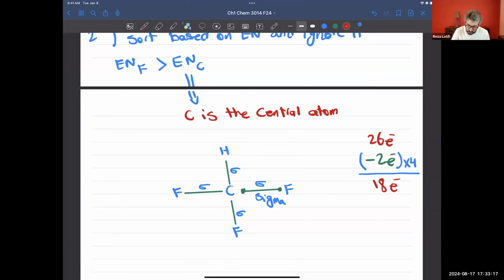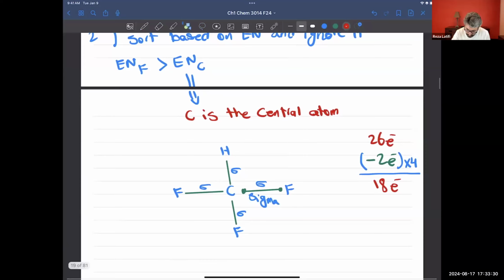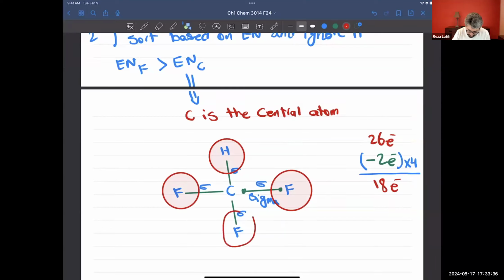Next step, you will draw a circle around each element, including the central atom.